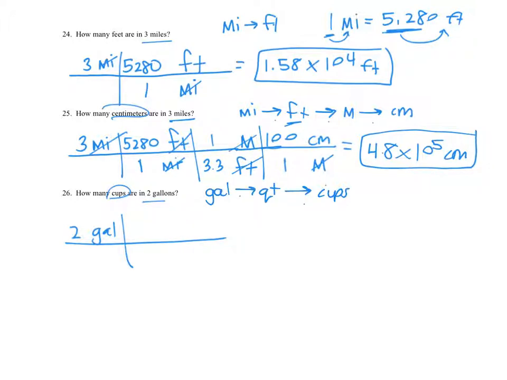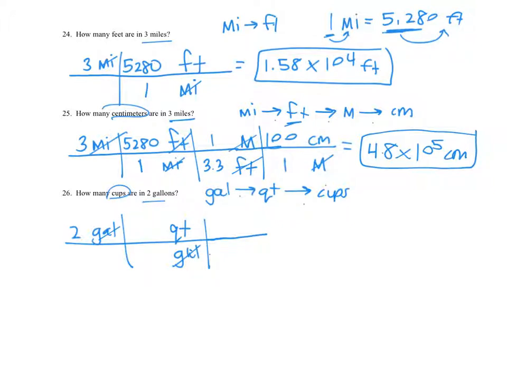2 arrows mean I'm going to have 2 steps. I'm going to have 2 tic-tac-toe boards. So again, if I want to get rid of gallons, I put that on the bottom in order to cross it out. What I'm looking for first, quarts, goes on the top. And you'll see from your chart that is the same as 1 gallon equals 4 quarts.